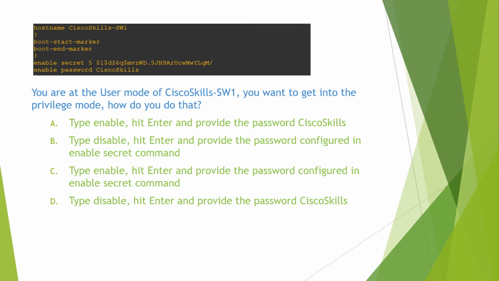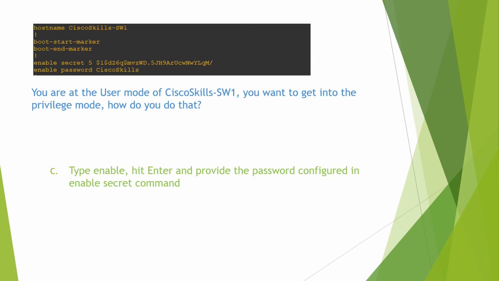Therefore, the enable secret will override the enable password, which means you have to enter the password that you entered in the enable secret command. So the answer for this question is C. You can find the detailed explanation for this question in the video.